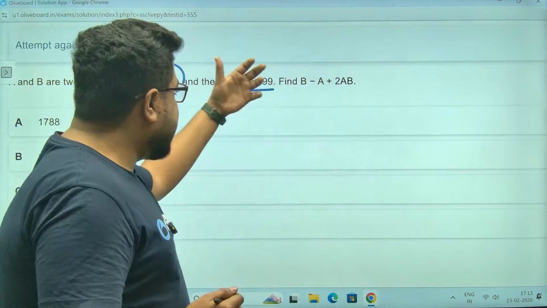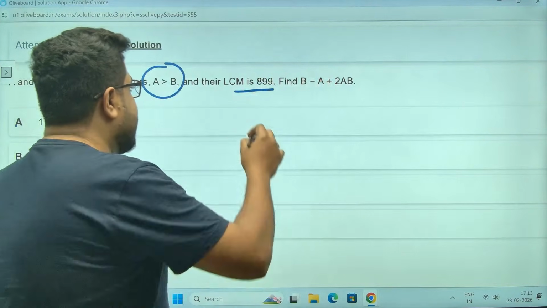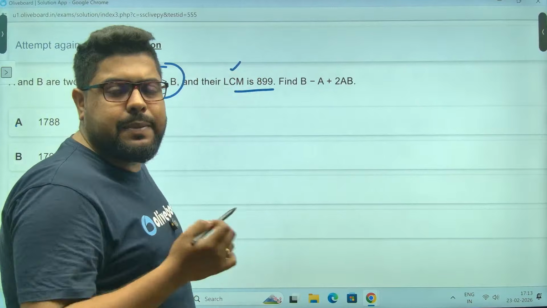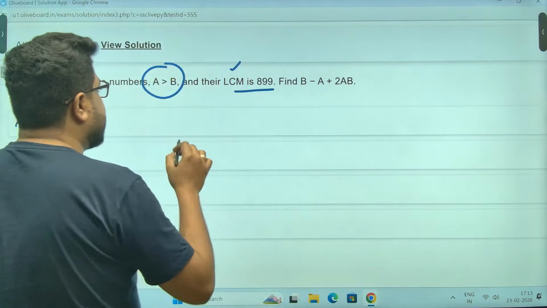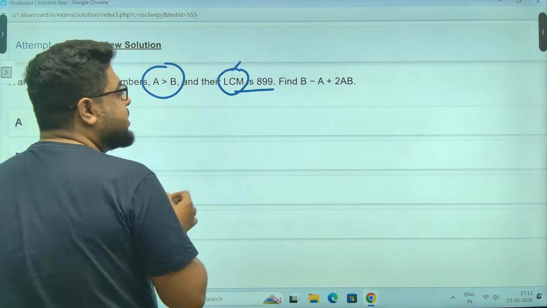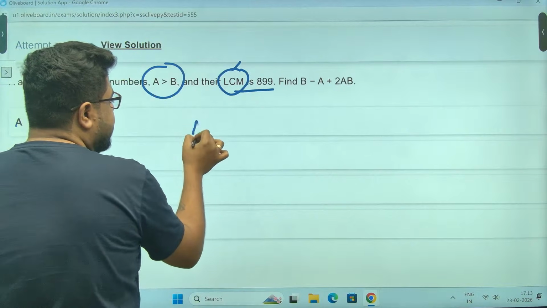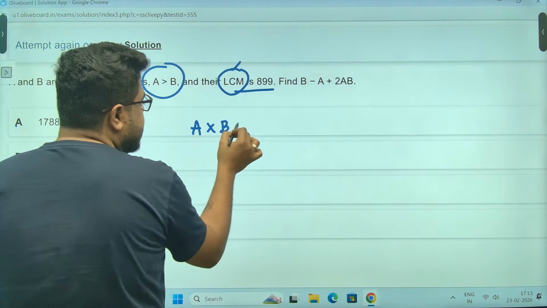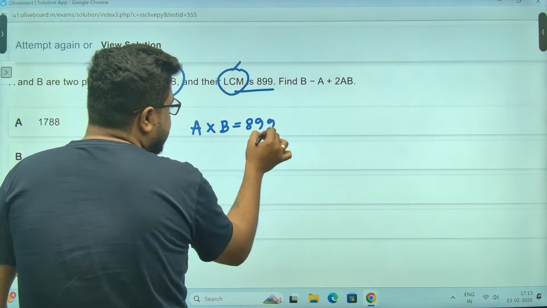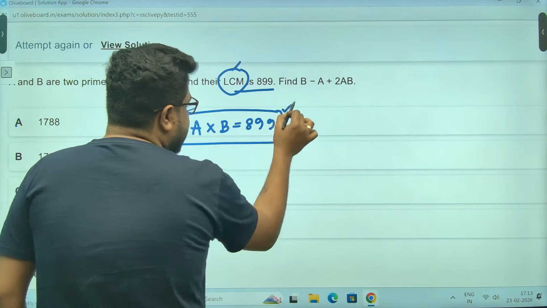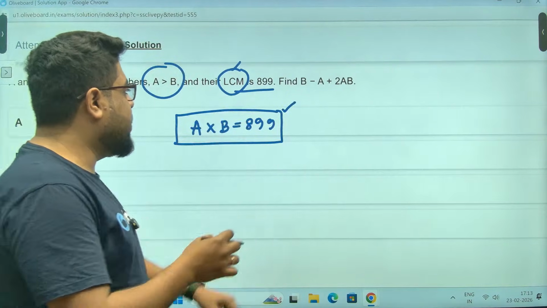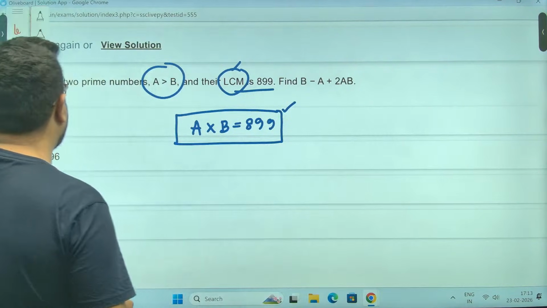So if they don't have any factors, how can they have any common multiple? So definitely, in the case of two prime numbers, the LCM will be the multiplication of those numbers. So actually this is given to you as A into B is 899. You need to find A and B from here.